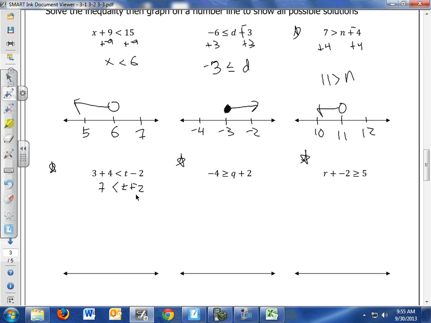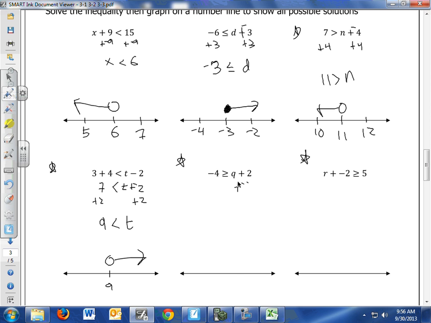Now I got to get rid of this negative 2. To get rid of something being added or subtracted, you add the opposite. I'm going to add 2 to both sides. I get 9, my symbol, and t. Numbers greater than 9. Here's 9. I should have an open circle, and my arrow should be to the right.